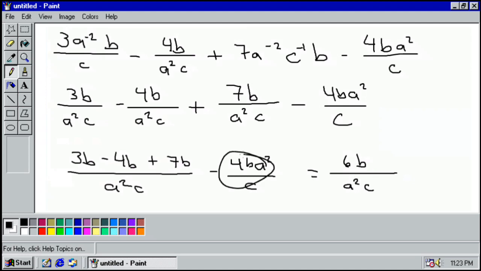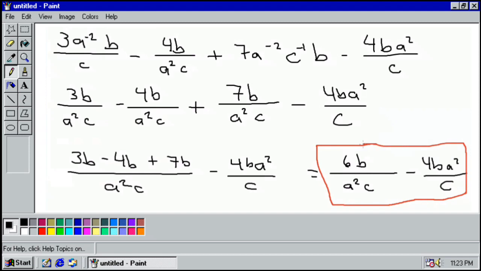Then we're going to copy that part, 4b a squared over c. So this is the answer, or the simplified form for this expression. I hope you understand something from this video lesson, and that's it. Thanks for watching.